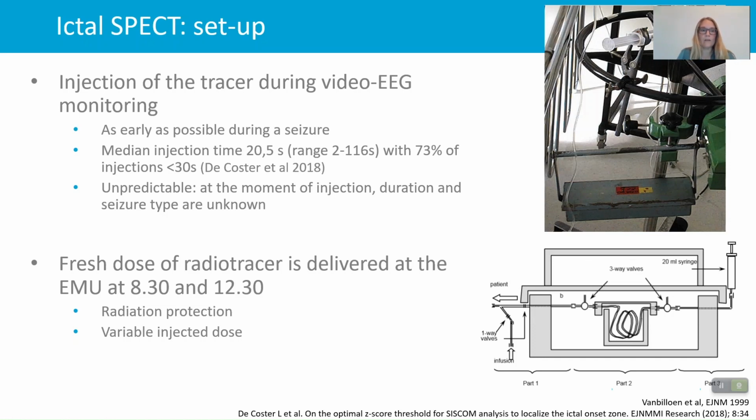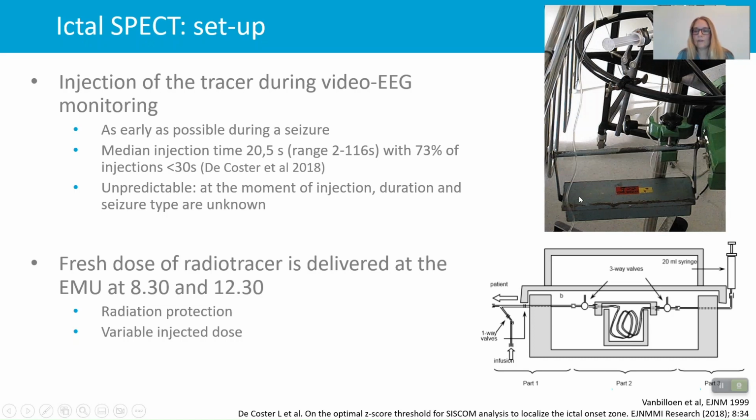When you have an ictal SPECT setup, or if you want to start an ictal SPECT setup, you need to be aware of all the radiation protection rules. So in our center, the tracer gets delivered in a lead box to limit the exposure of the irradiation to both the patient and the visitors and the nurses.